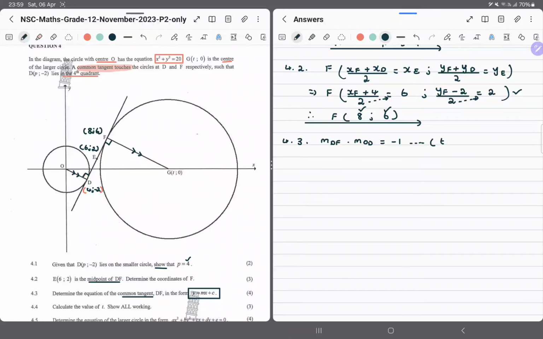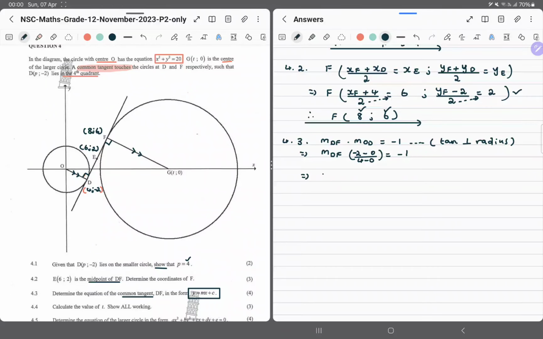The reason here is that our tangent is always perpendicular to the radius at the point of tangency to any circle it touches. Alright, so this implies that the gradient of DF times, now we can choose how we're going to work this out. We can choose point D as -2 minus 0 over 4 minus 0 at the origin is equal to -1.